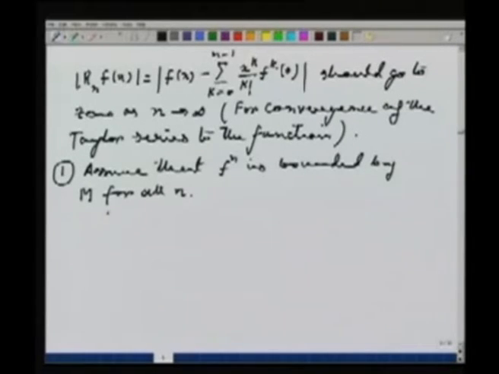That is, I am saying that modulus of f^(n)(x) is less than or equal to M for all n and x. If this happens, well, as an example, let us first see the function f(x) equals e to the power x.